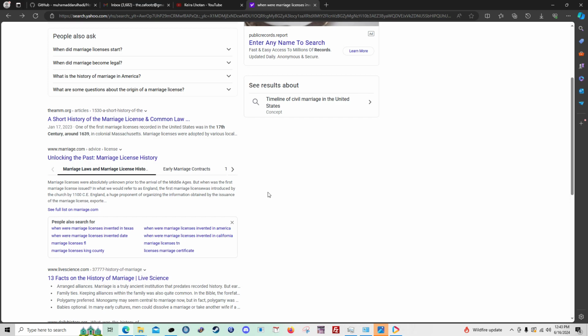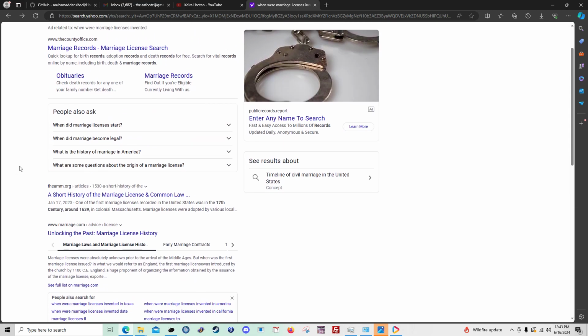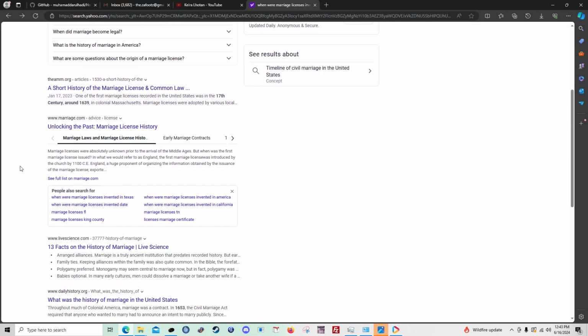So this has to do with an alliance with somebody, joint ownership of property, and also documentation of the information about the marriage and about the property that they both jointly now own together. So that is the main reason behind marriage.